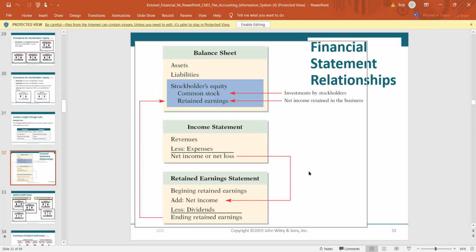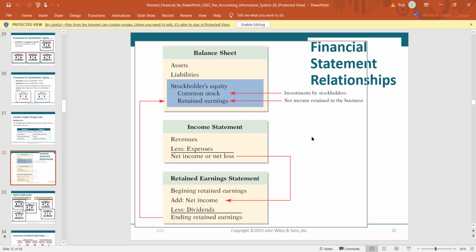Common stock, we issue stock to the public and it pays us. Retained earnings, I'm going to talk about a little more. Retained earnings is simply a part of equity. It also has a credit balance. Retained earnings represents the cumulative earnings of the business from the first day. You began this business with $10,000.